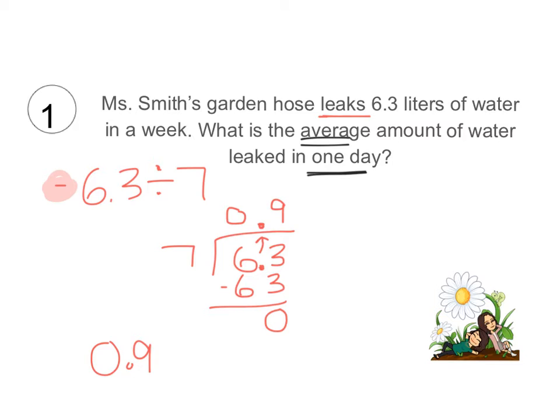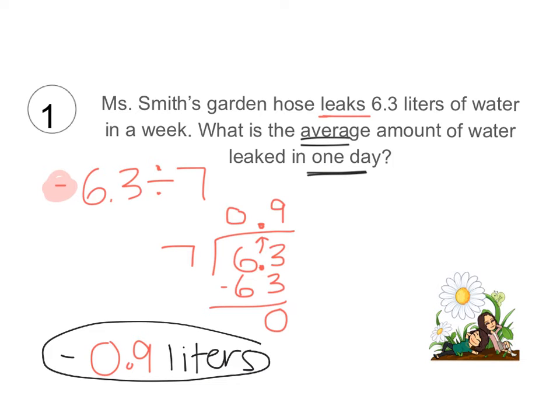So this would be a negative, because one was negative, one was positive, and it would be negative 9/10 liters. You can also say that it leaked, which implies negative 0 and 9/10 liters. So either one of those would work.